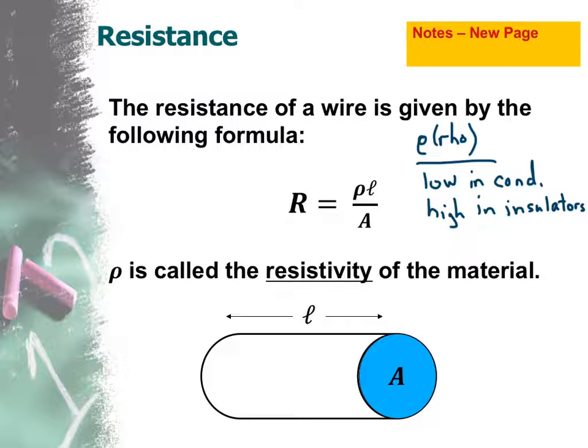You might have noticed in common household appliances that there are some things that have very skinny wires, and other things that have very, very thick wires. The reason that you want a thick wire is because you want lots of area so that the resistance is low in that particular wire.